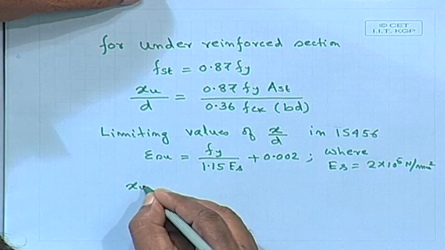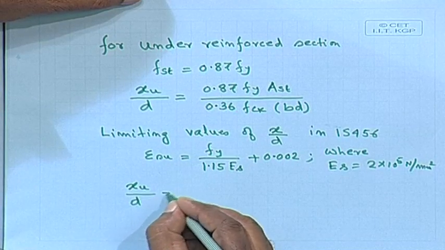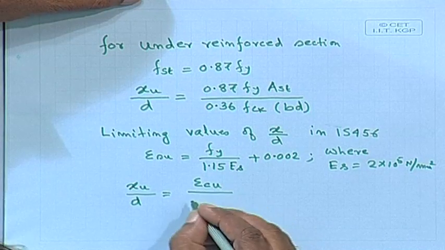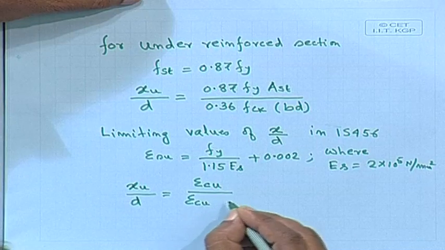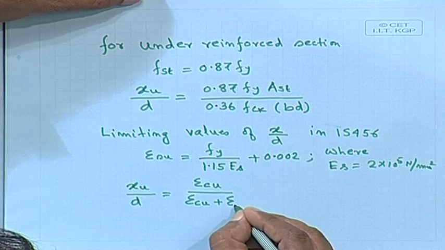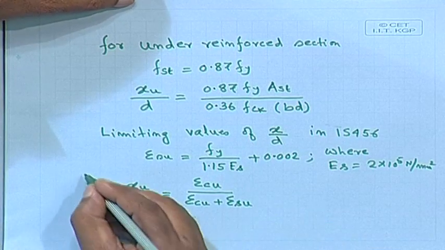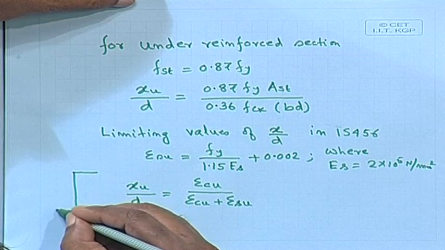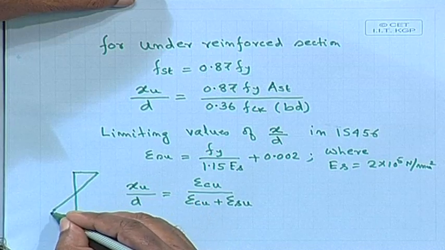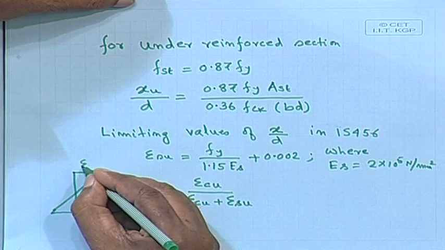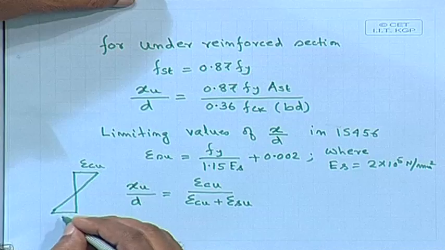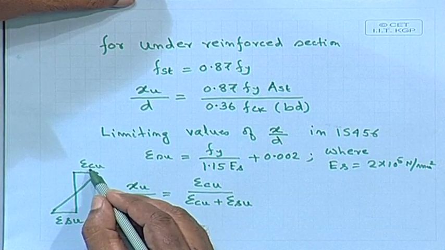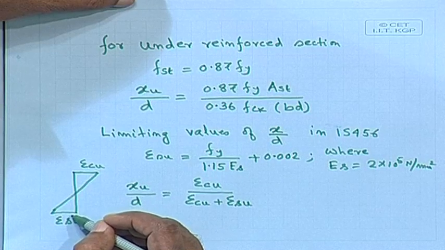Xu by D equal to epsilon Cu divided by epsilon Cu plus epsilon Su. Where am I getting this from? I am getting it from the strain diagram. This is epsilon Cu and this one epsilon Su.